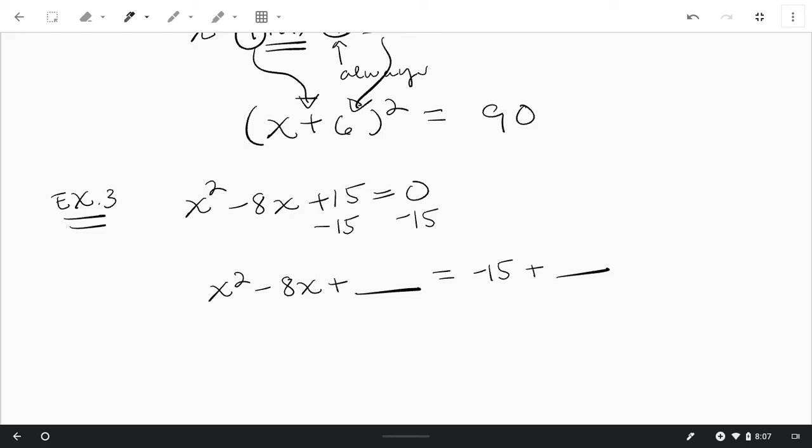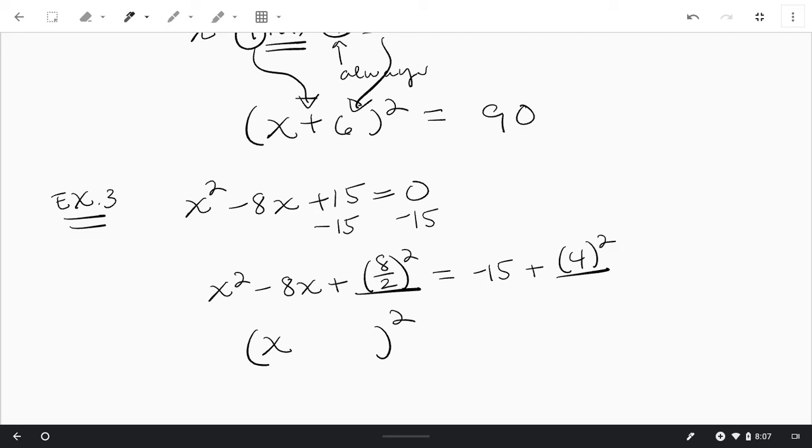And here I'm going to take half of 8 and square it. Well, half of 8 is 4. So I'm adding 4 squared on both sides. Okay. So here, when you complete that square, it factors out to a nice binomial.